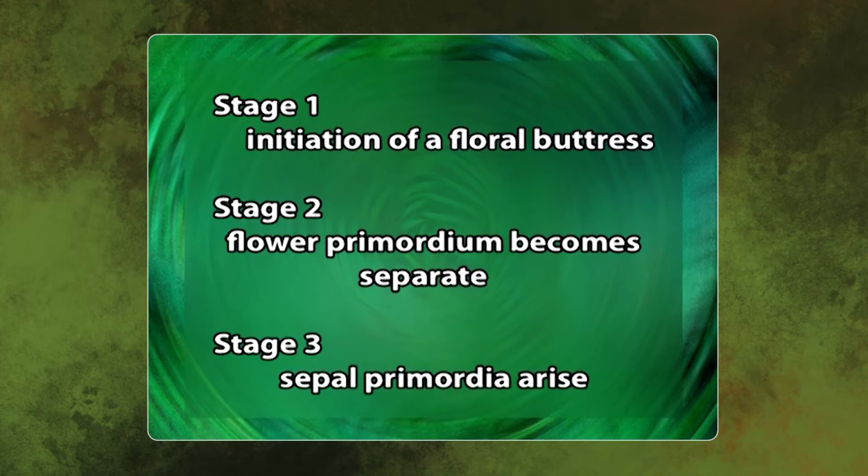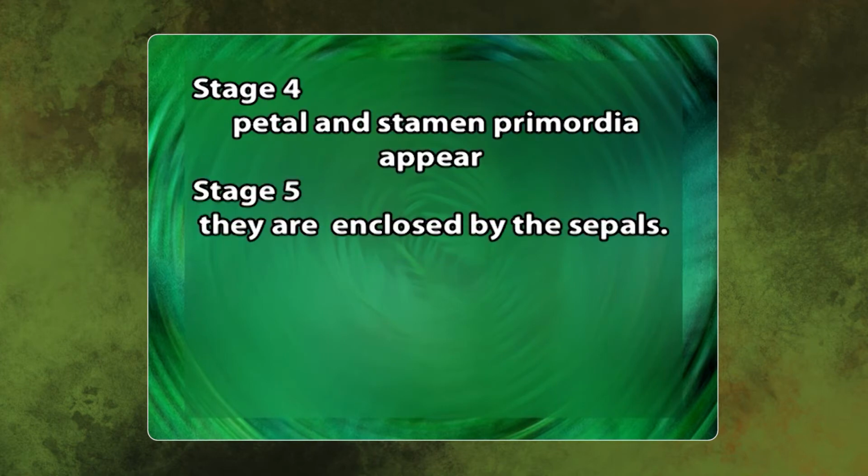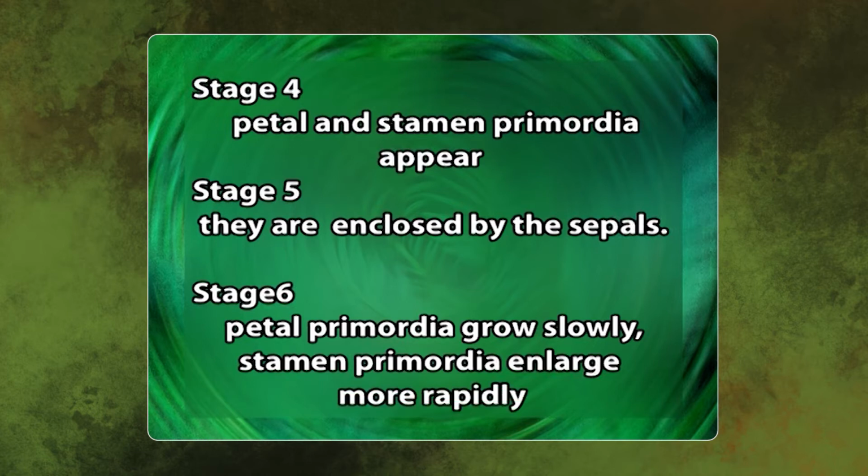In stage 3, sepal primordia arise and grow to overlie the primordium. In the fourth stage, petal and stamen primordia appear. In stage 5, they are soon enclosed by the sepals. During stage 6, petal primordia grow slowly, whereas stamen primordia enlarge more rapidly, and the carpel also starts emerging.